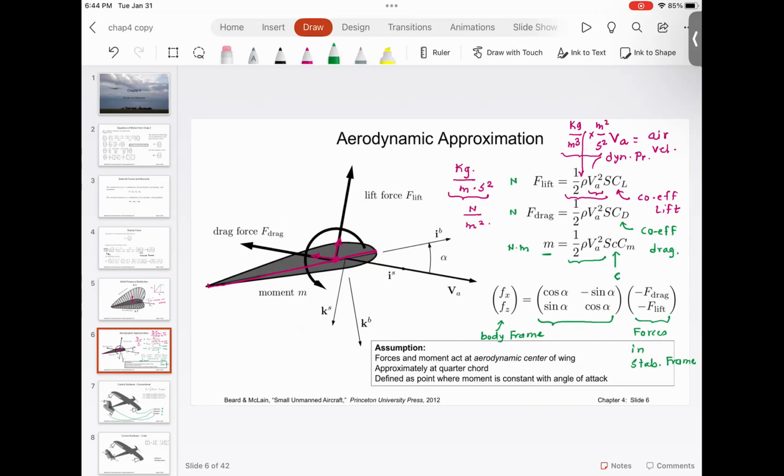So what this is saying is this wing, which is attached to the aircraft, is going forward because of the thrust. So air is going fast and the airfoil is going forward.